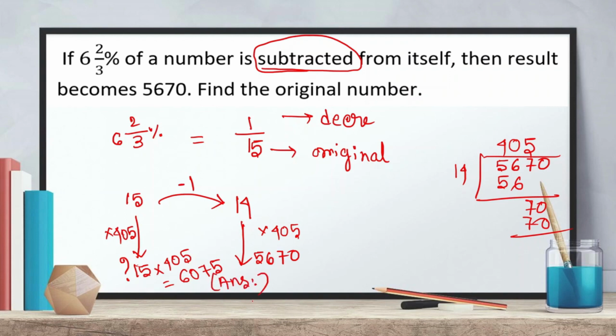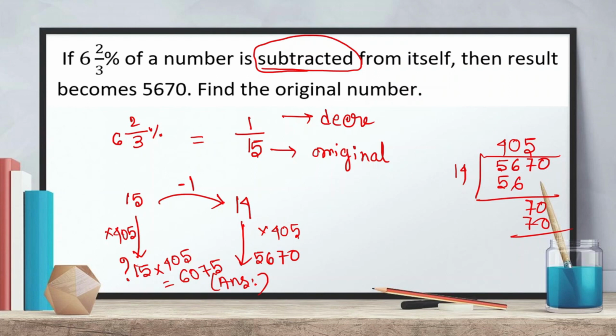So here what we have done, the number 6 whole 2 by 3 percentage is equivalent to 1 by 15. So 15 is in the denominator, so 15 is the original value, and 1 is in the numerator. So decrement is 1. So why is it 1 decrement? Because in the question we can see that it is subtracted.